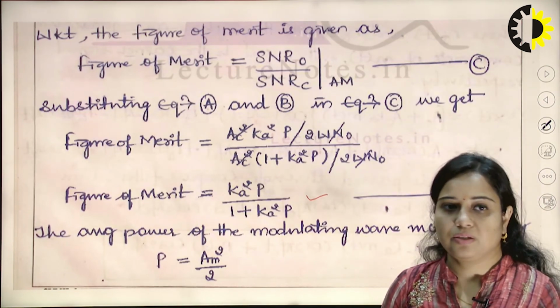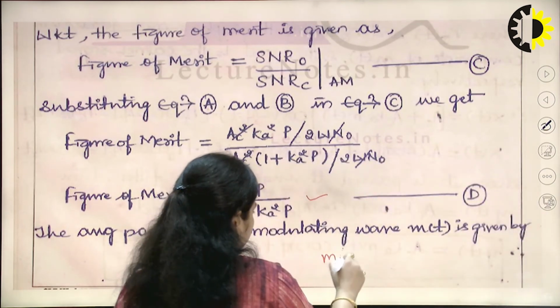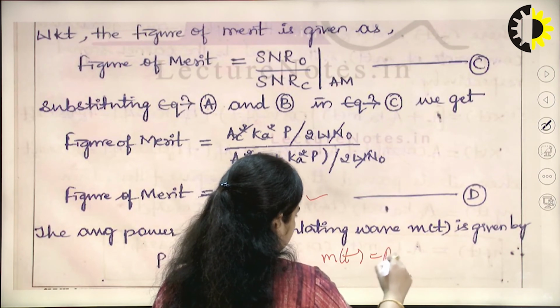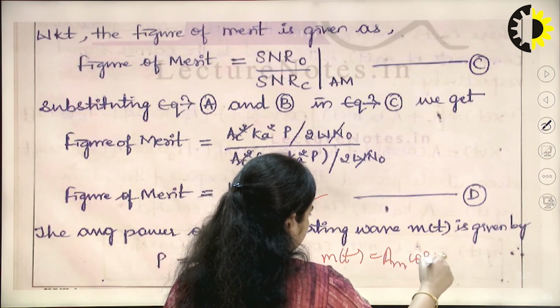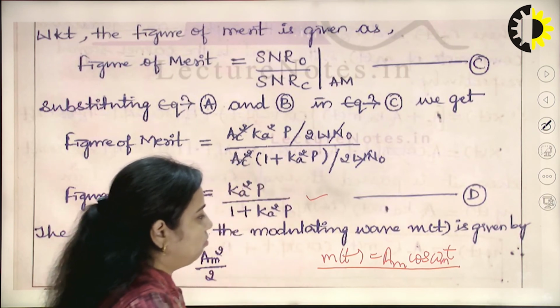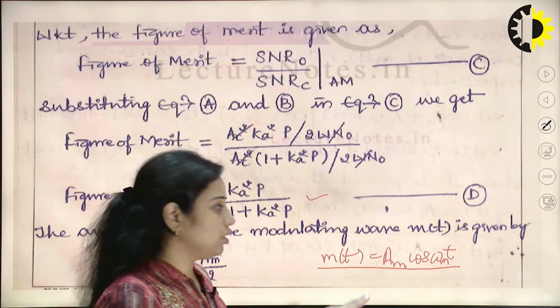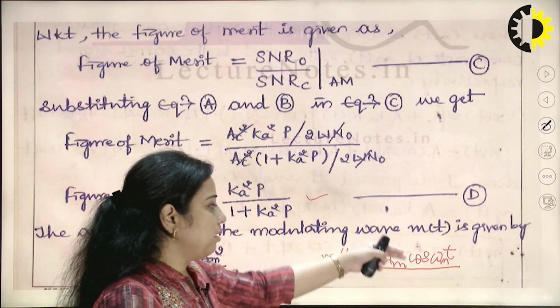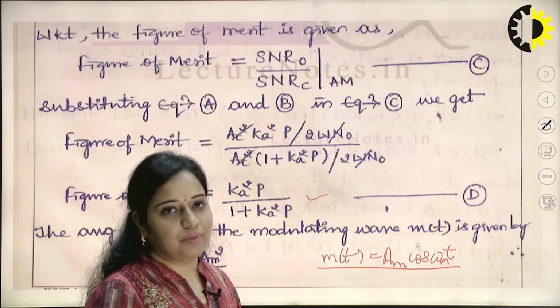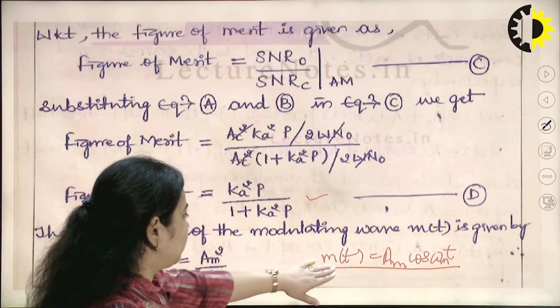We are considering m(t) as Am cos omega_m t, which is a single tone modulation. Single tone signal means only one frequency component is present in the message signal. It can be extended to more than one, maybe two or three frequency components. So, that is the message signal.